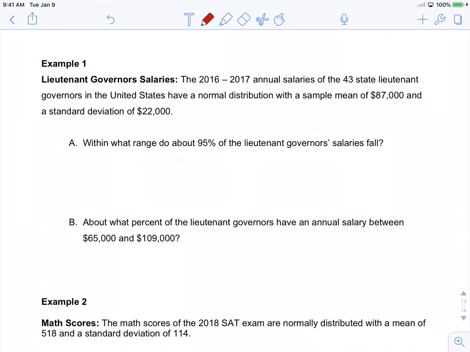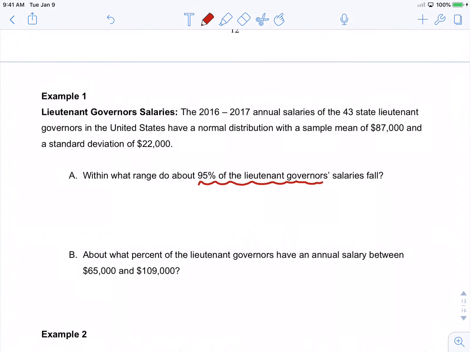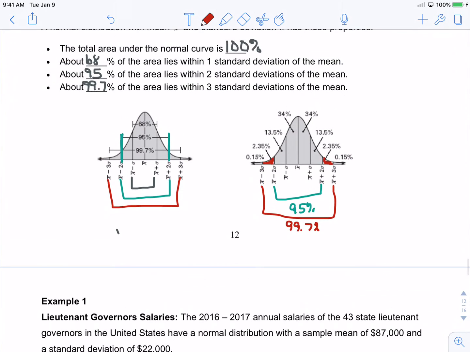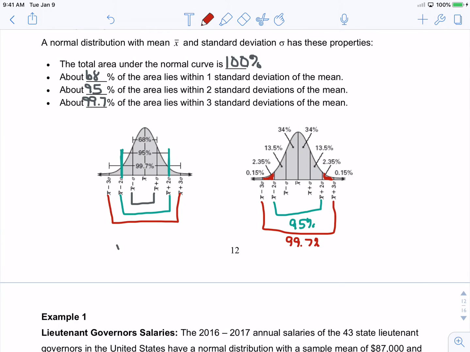So part A: within what range do about 95% of the lieutenant governors' salaries fall? Meaning what's my lowest and highest value, what would those boundaries be, where you'd have 95% of the lieutenant governors. If I go back to the previous page and look at my empirical rule, 95% is supposed to be 2 standard deviations from the mean.